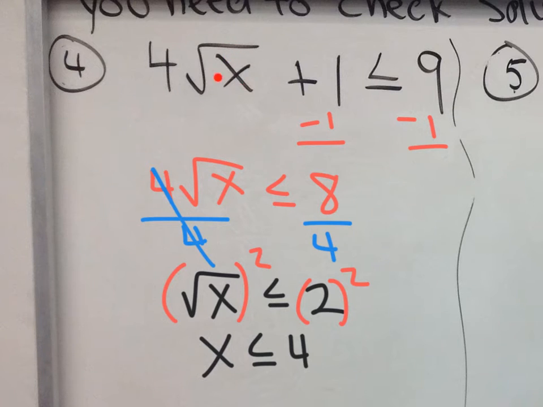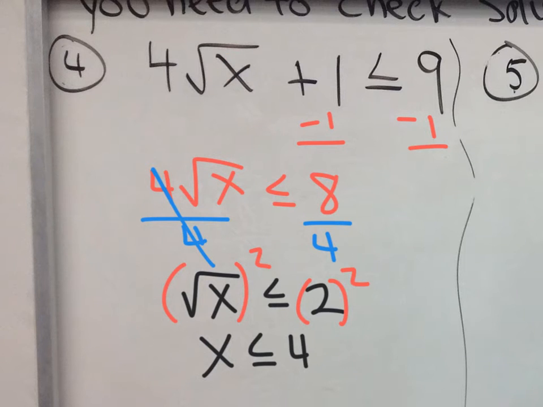It could even be 0 right here because 0 is less than 4. But this is insinuating an infinite amount of numbers. And we know that negative 1 will not work. So you need to take a moment and see what would mess this up.